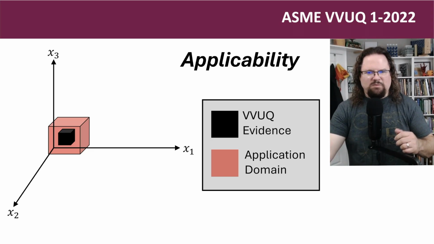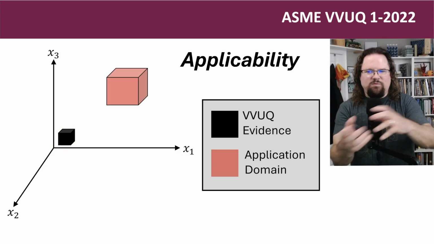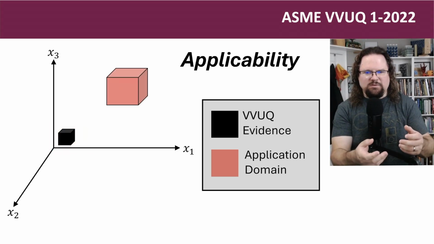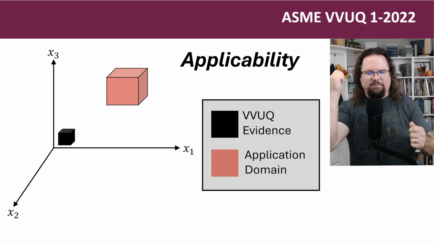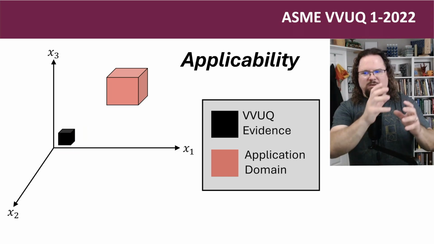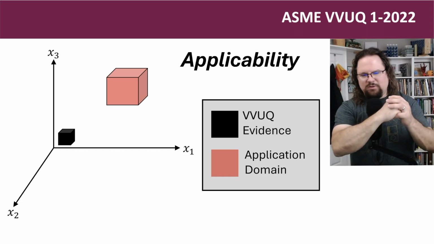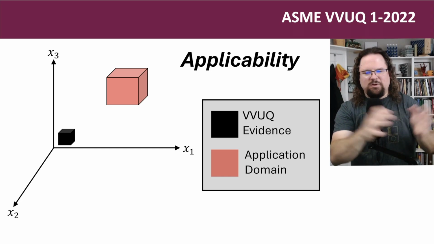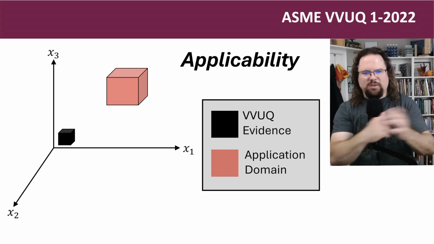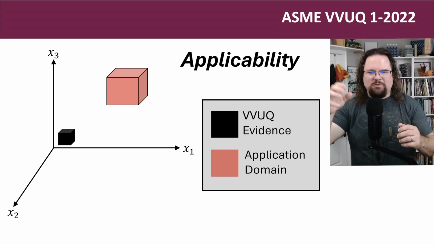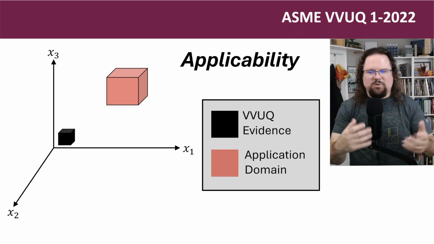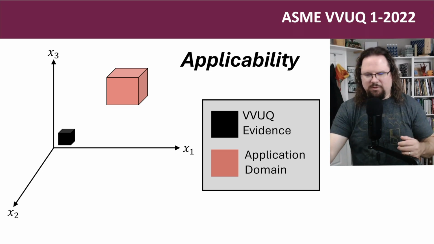But what if that application domain is far from where we have that VVUQ evidence? Now we might question things. Our model could have done a phenomenal job where we have that evidence. It might have extremely low uncertainty in terms of validation. Code verification is great. But if it's far from where we actually want to apply the model, we're going to have some questions, and those questions will be captured in terms of applicability.